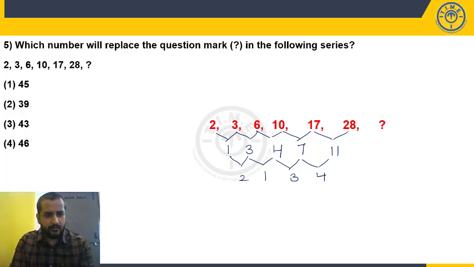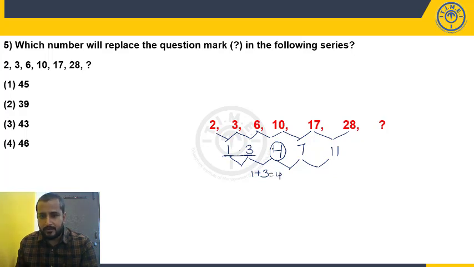this is the general procedure we do. Here, the logic for this question is very simple. This 4 is obtained by doing the sum of these two numbers, 1 plus 3. Sum of 1 and 3 is 4.